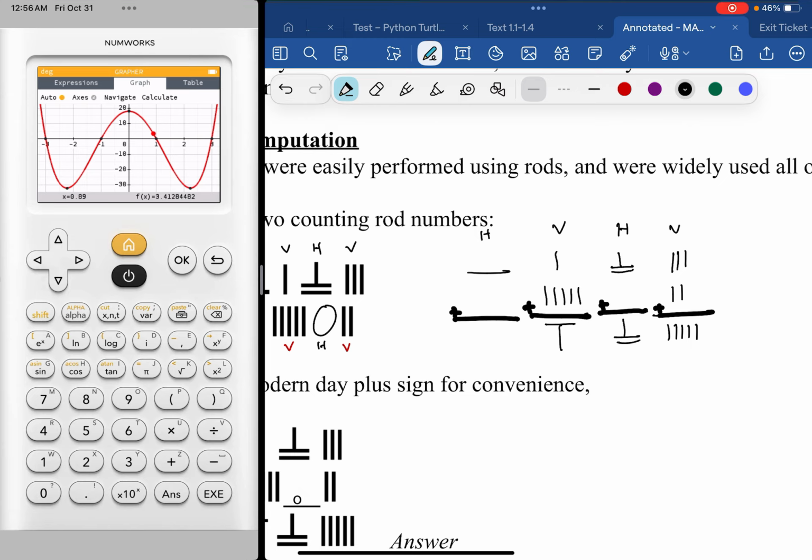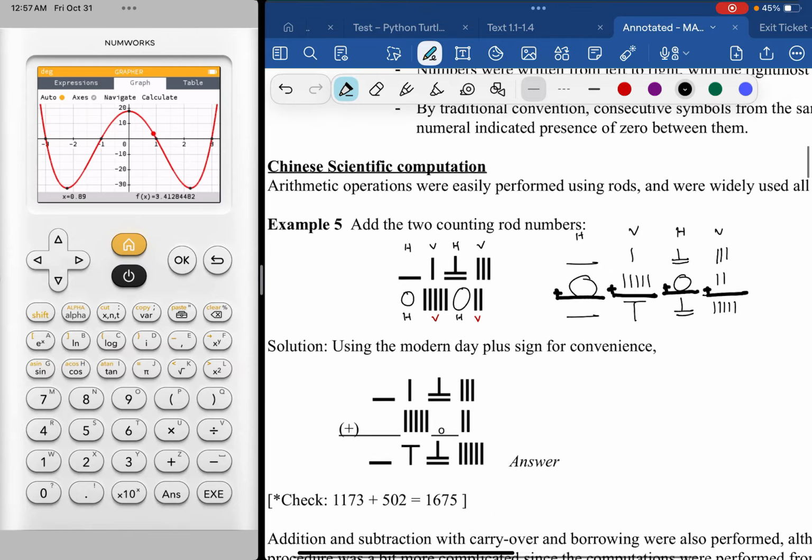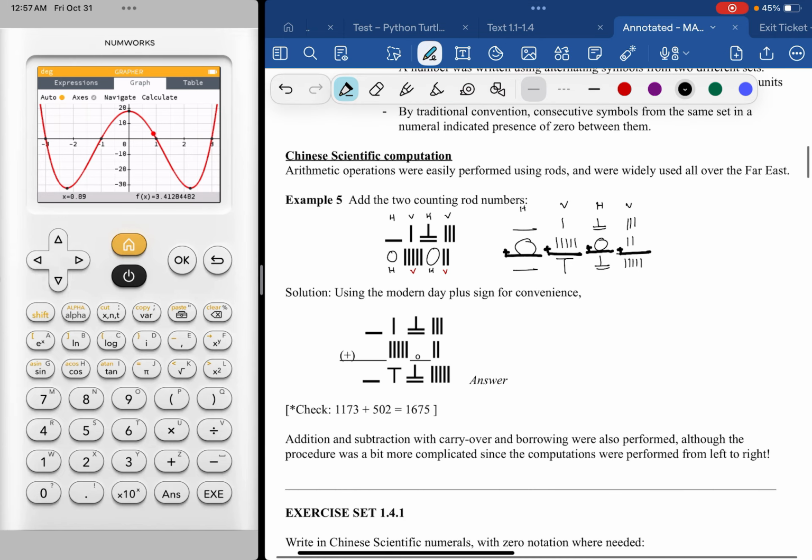We're back to the horizontal placeholder. I have that horizontal. There's nothing here, nothing here. So I could even say in that horizontal position, there's nothing. So it would be just this.